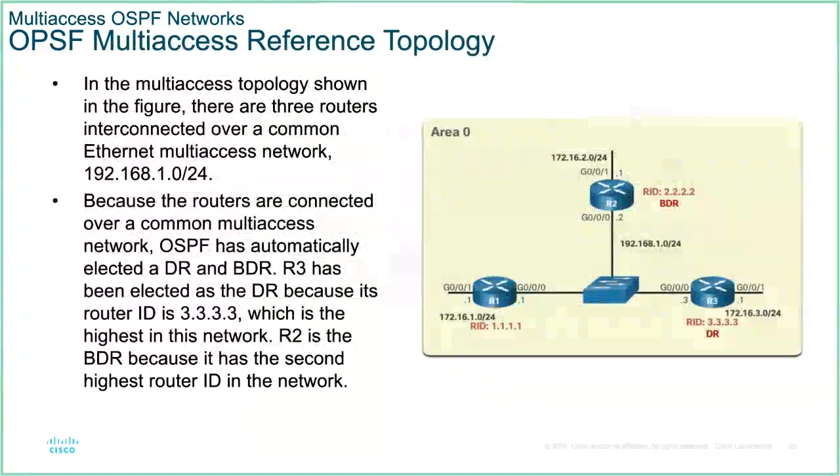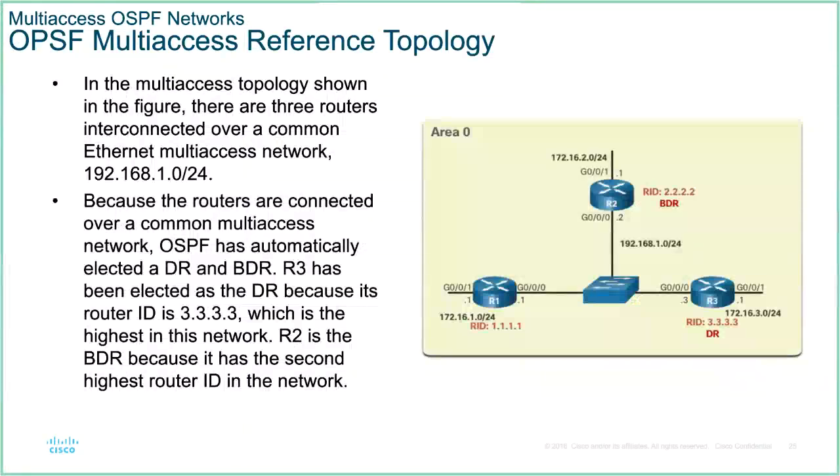So within our reference topology, we have our IDs. Based on our IDs and our election process, the designated router is going to be the one with the highest IP address within that multi-access. Okay, so we have three interfaces all joined together on a switch, so therefore it's a multi-access broadcast environment.